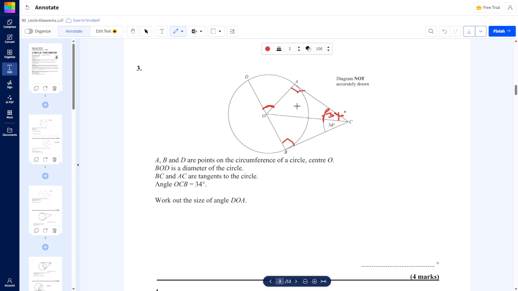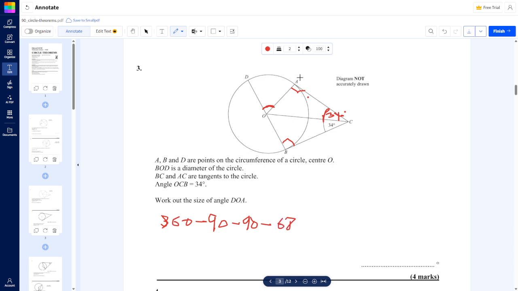And because of that, if we take this whole quadrilateral over here, we can say that because the angles in a quadrilateral have to add up to 360, this angle over here, AOB, is equal to 360 minus 90 minus 90, because of these two 90-degree angles, and then minus these two 34s, so minus 68.